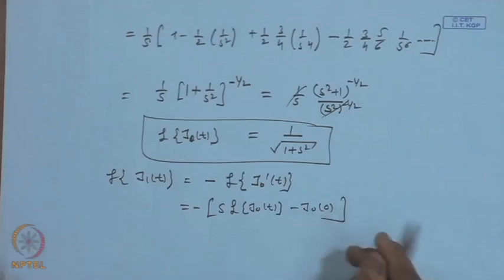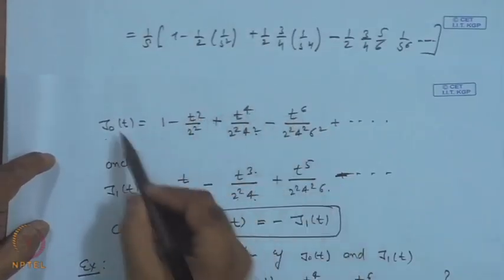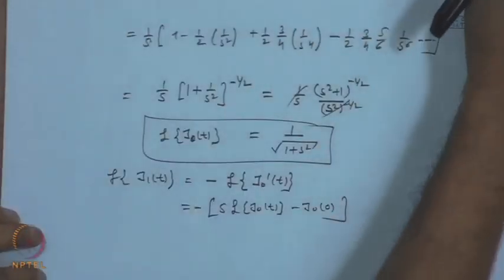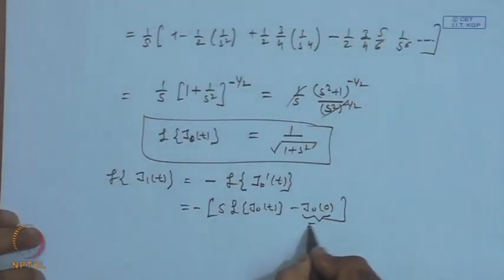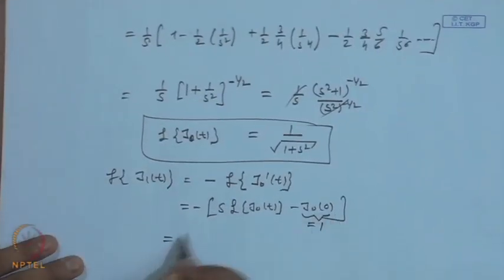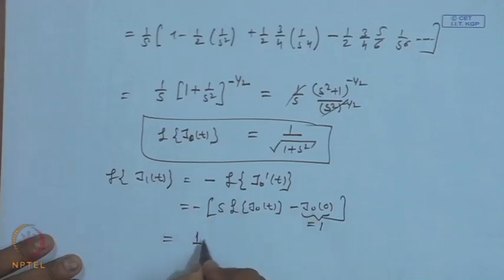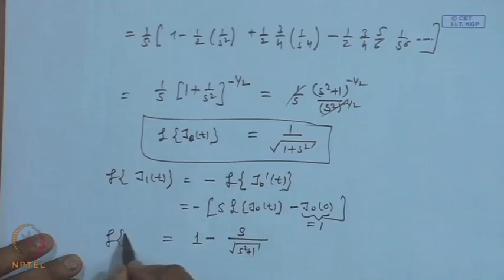So, this J0(0), if we put in the series here t equals 0, is 1. So, we have this 1 minus s over square root s square plus 1. This is the Laplace transform of J1(t).